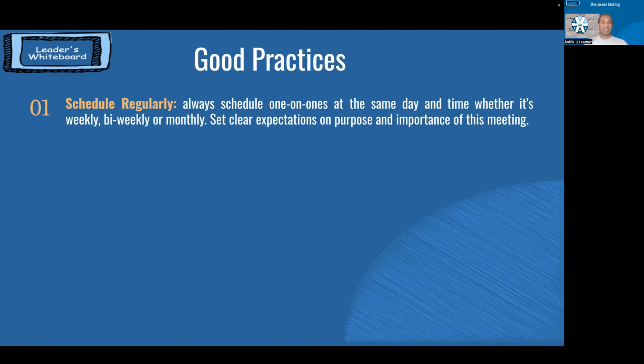You should be meeting on the same day of the week or the month and at the same time. This is for the purpose of consistency. Consistency is the key here. And you have to make sure that you don't reschedule it very easily. You don't cancel it very easily.